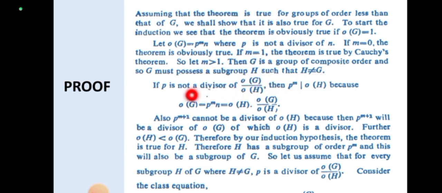not equal to G. If p is not a divisor of the order of G divided by the order of H, then p to the power m divides the order of H, because the order of G is equal to p to the power m into n, which is equal to the order of H into the order of G upon the order of H. Also, p to the power m plus 1 cannot be a divisor of the order of H, because then p to the power m plus 1 will be a divisor of the order of G, for which the order of H is a divisor.